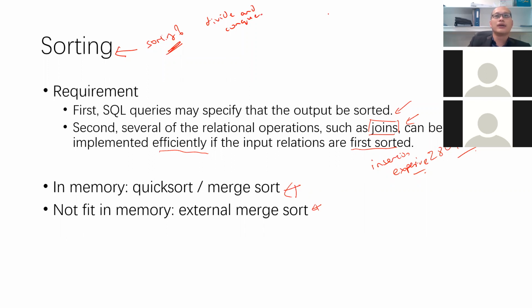Let's say I have a few numbers here: 30, 20, 50, 70, 10, and let's do one more, 40.